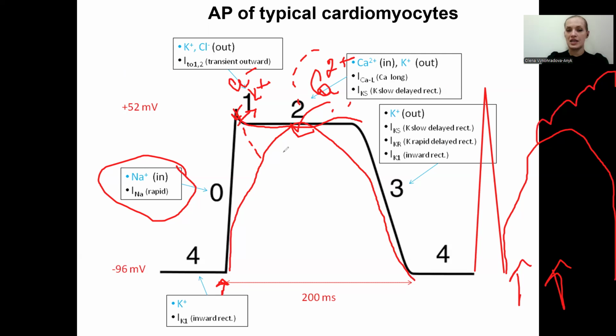This protection is that contraction of cardiac muscle arises during the action potential, not after but during. And if you remember, during the action potential we have a special phase, named the absolute refractory period.